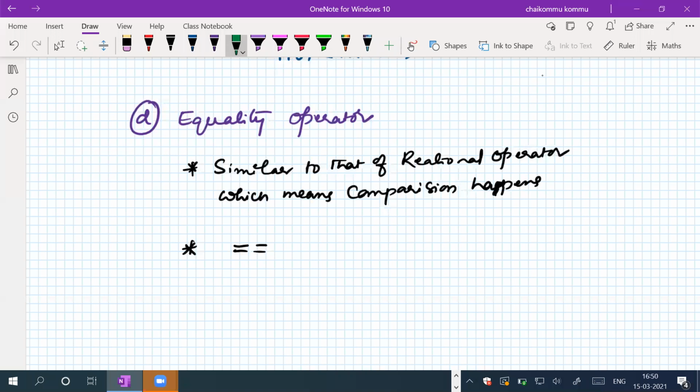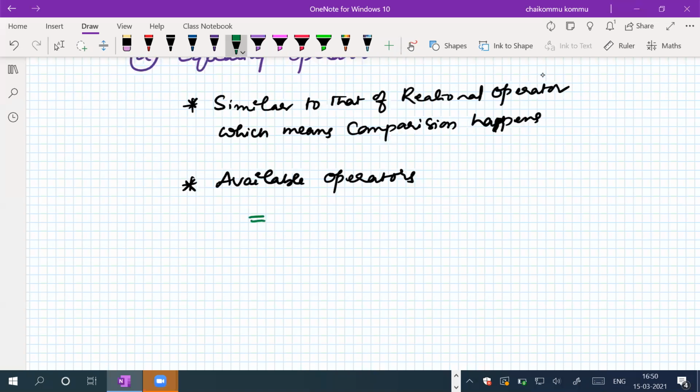So the number one is equal, double equal that we have to write. It is called logical equal, logical not equal, and case equal, case not equal. So that's how I had to write.